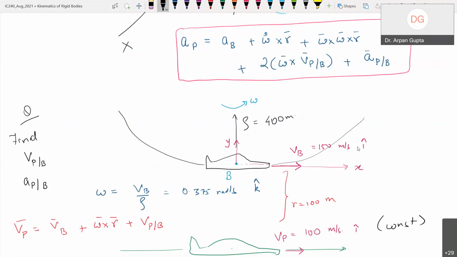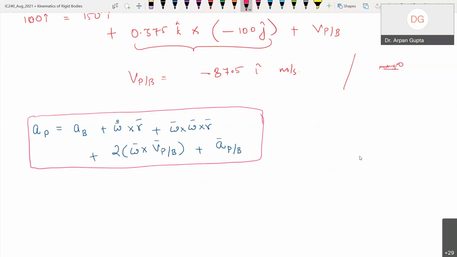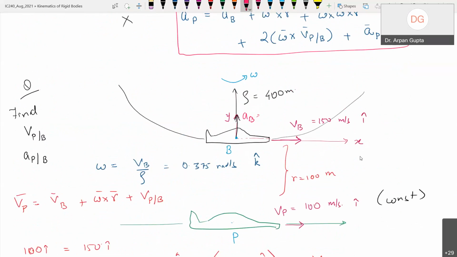But since B is rotating with omega, it has got an acceleration of omega square r or v square by r. So acceleration of point P is equal to 0, but acceleration of point B is equal to v square by rho, and this is in the j cap.